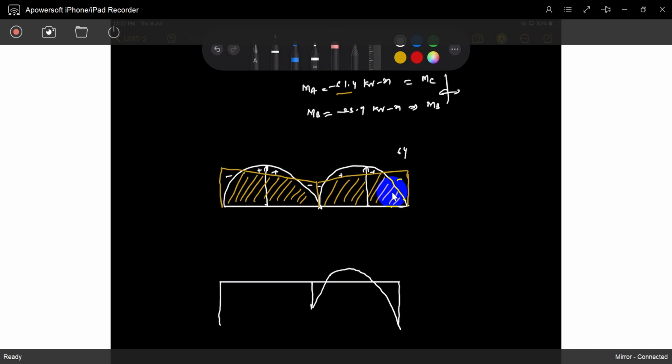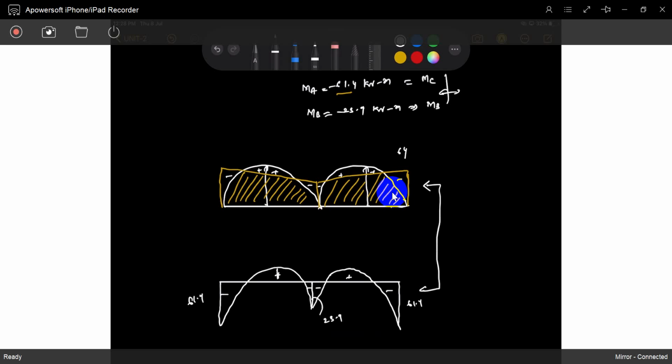It's like this shape you will get. So this is positive, negative, both are equal. If you represent anything, this value is 61.4. This value is 23.9.